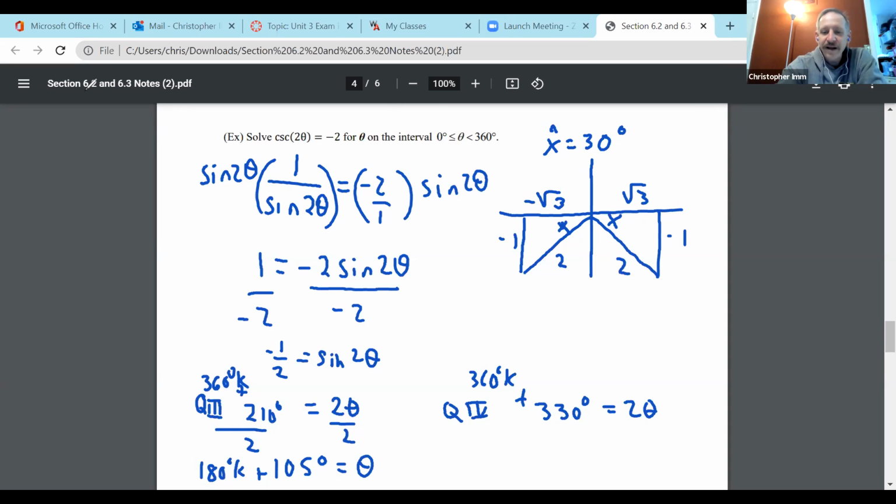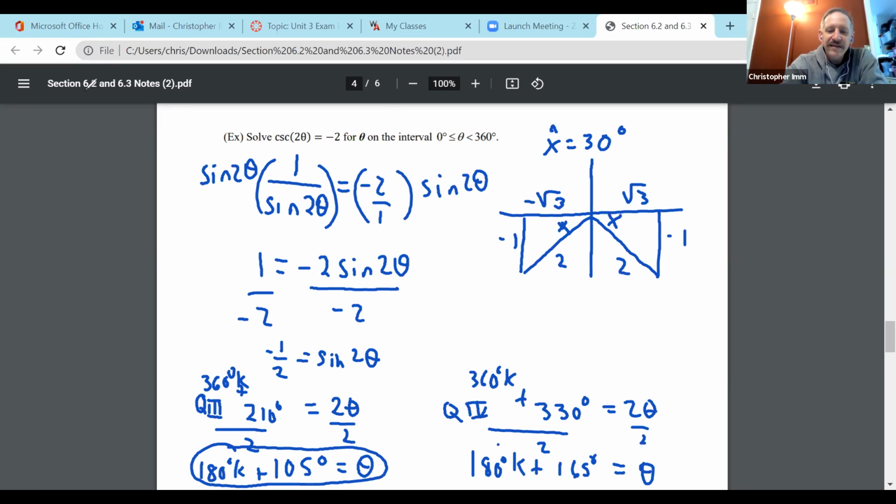And over here, when I divide by 2, theta is going to be 165 plus 180k. So that is going to be all the angles. If you just wanted all the angles, these would be your solutions. But of course, Thursday, I'll want you to find the ones on 0 to 360.